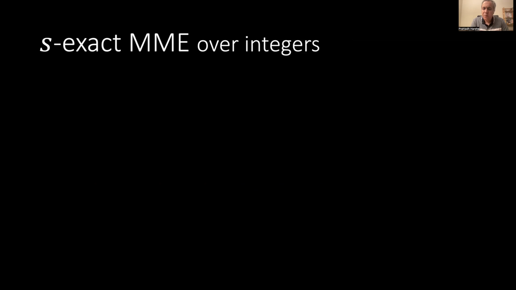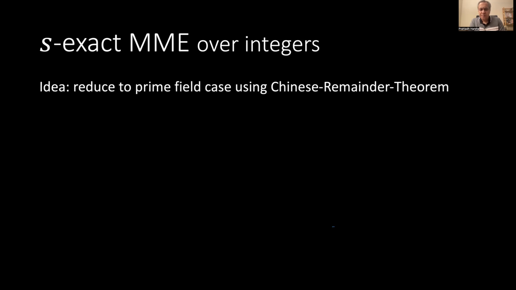And if one is careful, what's the S-exact MME over integers? Here, we are given a bunch of coefficients and evaluation points, all of which are integers, with the promise that all the numbers, every input and all the outputs, are integers of size at most 2 power s. Can we now solve MME? The idea is basically that we can reduce to the prime field case using the Chinese remainder theorem.